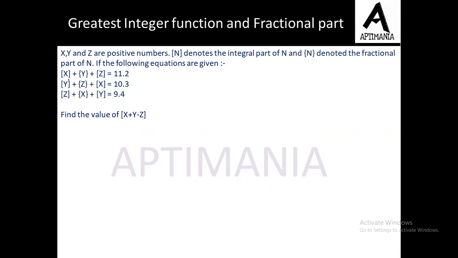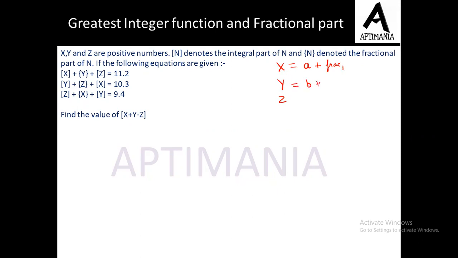The three equations are: greatest integer of x plus greatest integer of z plus fractional part of y is equal to 11.2. Now we have three numbers x, y and z. Let us assume that x is a, the integral part, plus some fraction f1, which is the fractional part of x.